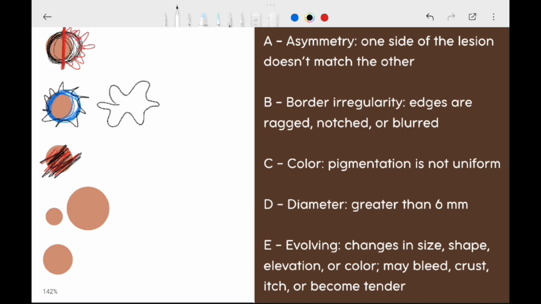D. Diameter. Larger skin spots are a sign of skin cancer. So, a spot or a mole should not be bigger than a pencil eraser or 6 millimeters. So, for example, mauni ang ato ang normal mole or normal spot sa skin.